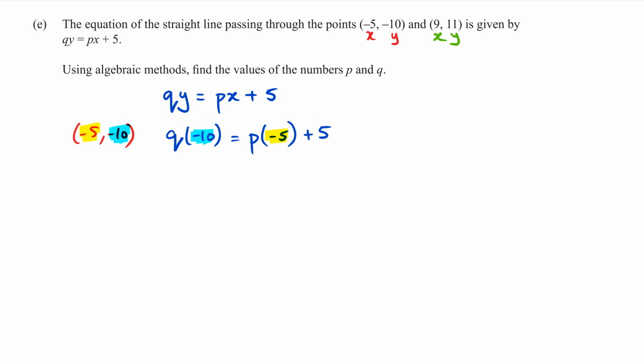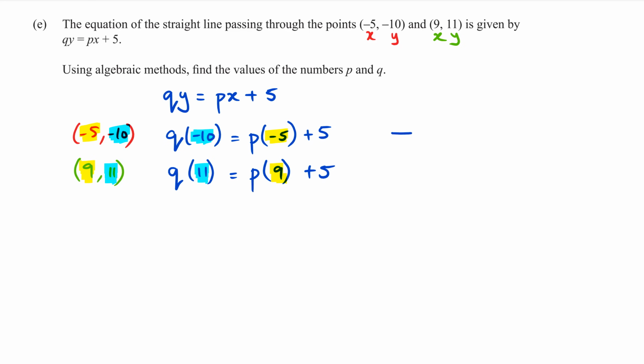Now I'm going to do the same thing with the green coordinates, which are 9 and 11. So I end up with q times 11 equals p times 9 plus 5. The 9 is my x value and the 11 is my y value, and I've substituted both in, which leaves me with 2 equations.